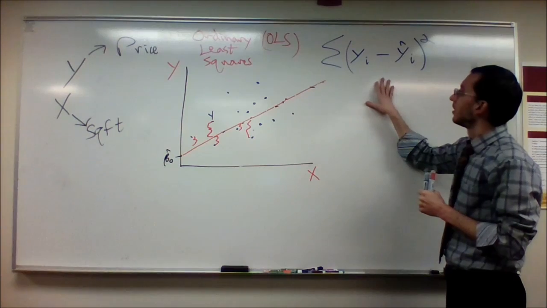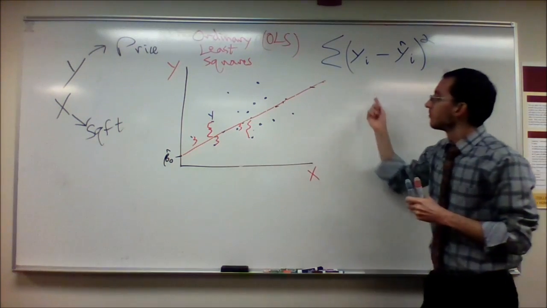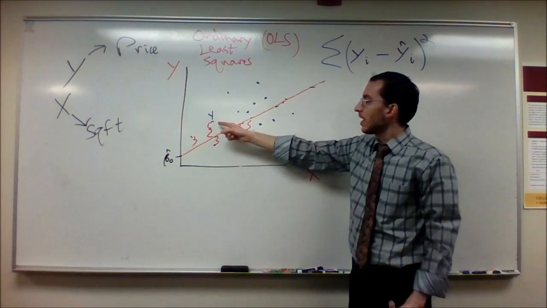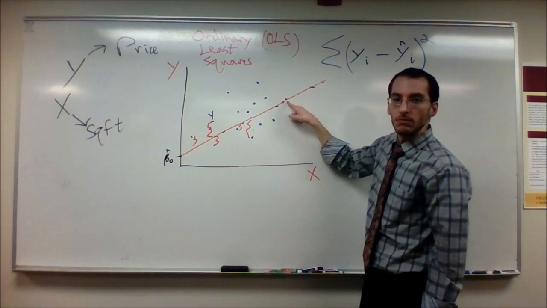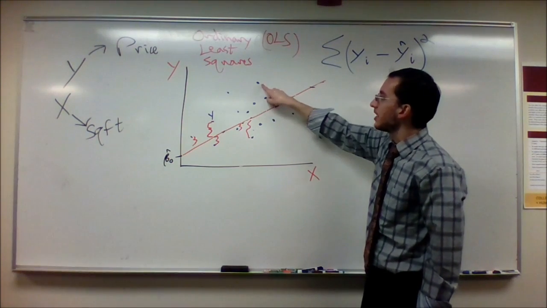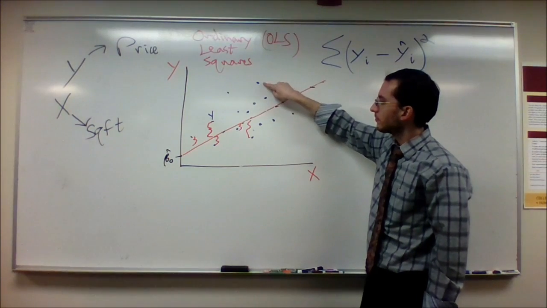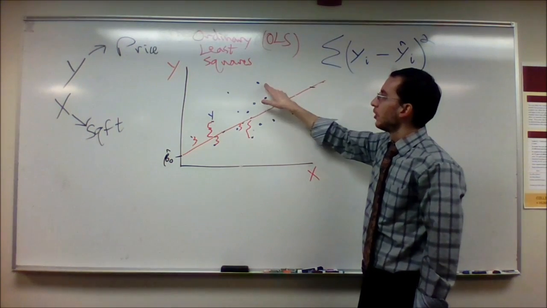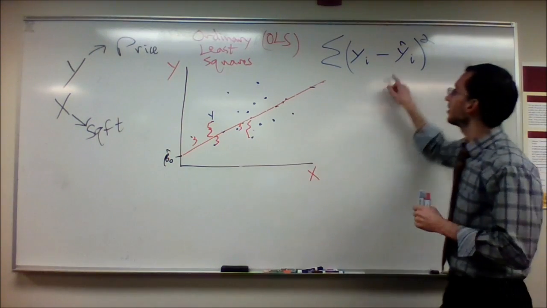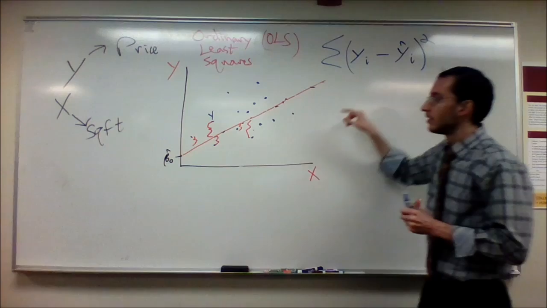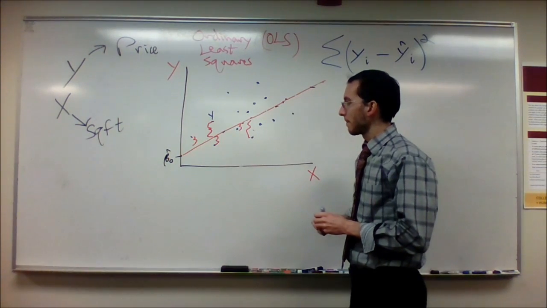Now, obviously, the line sometimes gets it pretty close. Other times, the line is really far off. I got this observation up here, so I can quantify that. In fact, we've already started doing that. So let's get some terminology out of the way.